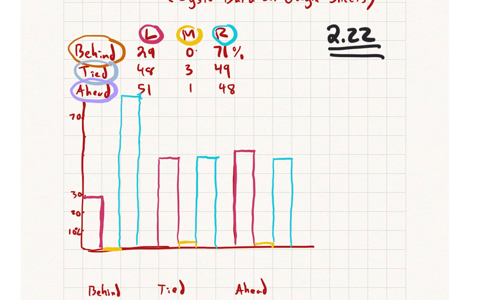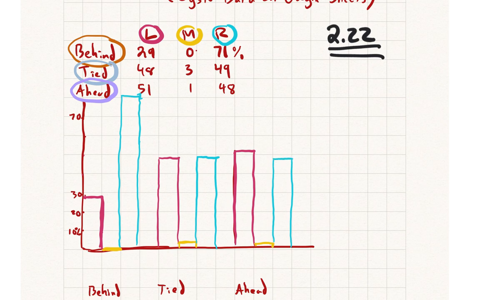When the score is tied, 48 to the left, 49 to the right, 3 in the middle. And you can see this is 50 here. So it's just below 50% on each of these bars. And ahead, 51, 1, 48.